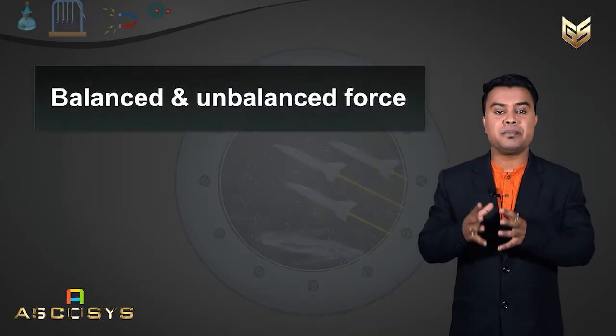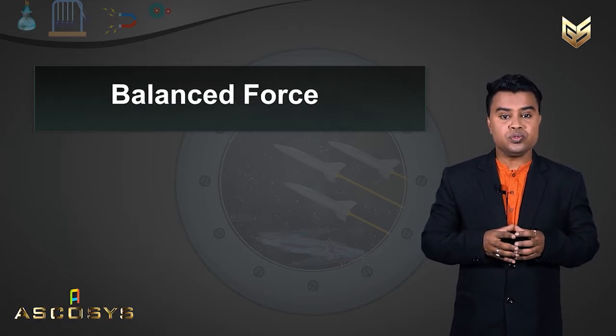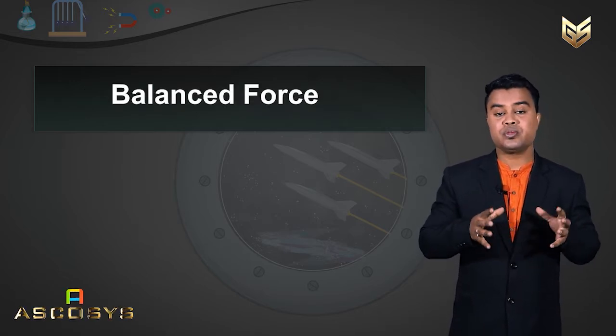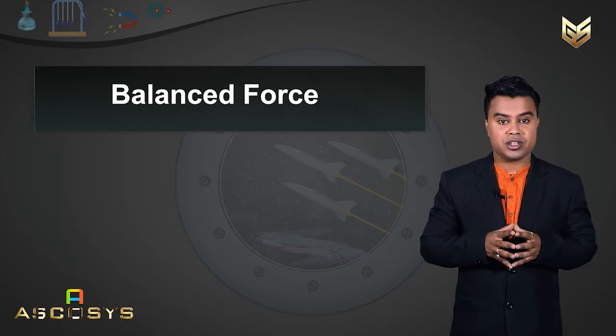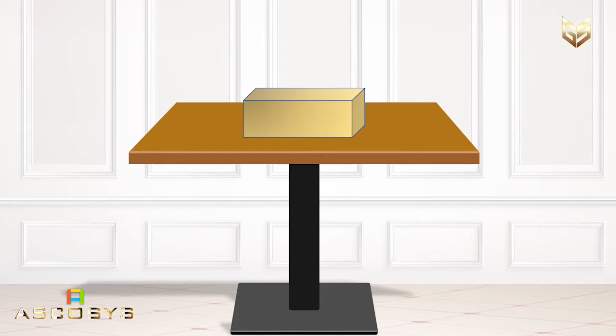Now there are two types of forces, as I told you, that is balanced and unbalanced forces. In case of balanced forces, the two forces from opposite directions will be of equal magnitude. Suppose I have a block resting on a table and I have connected it with two threads, x and y.